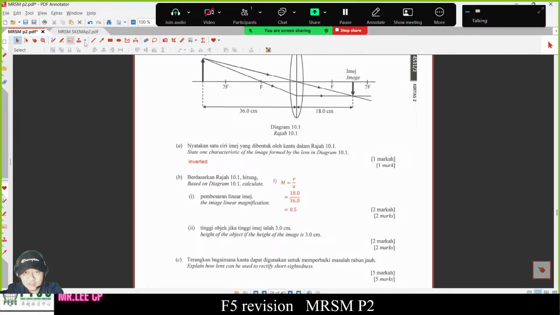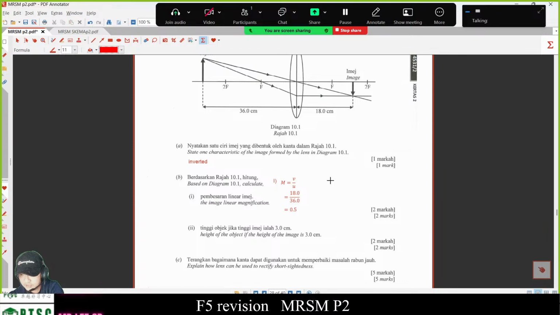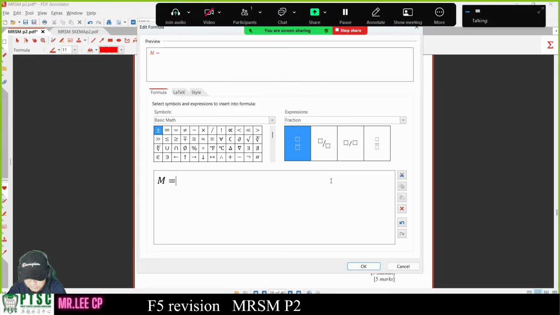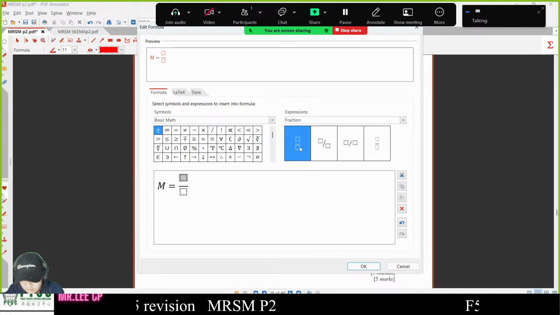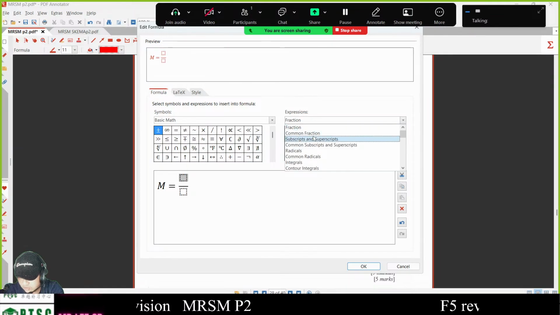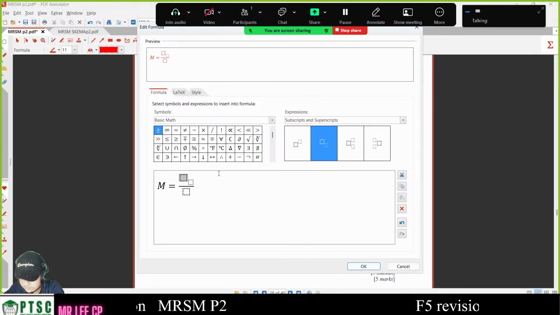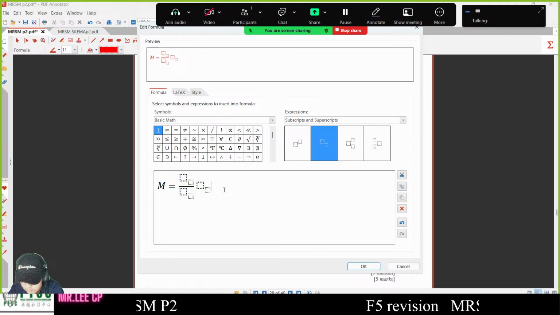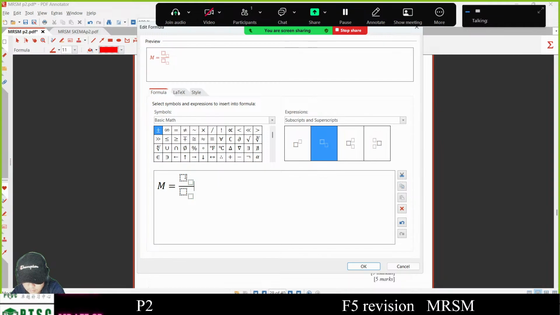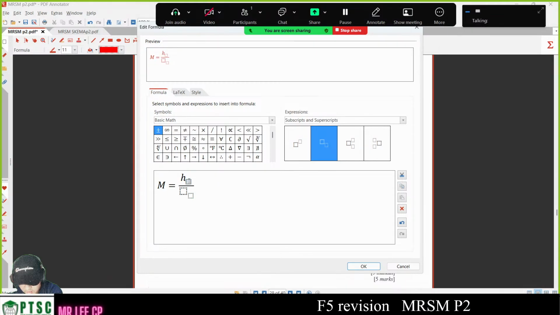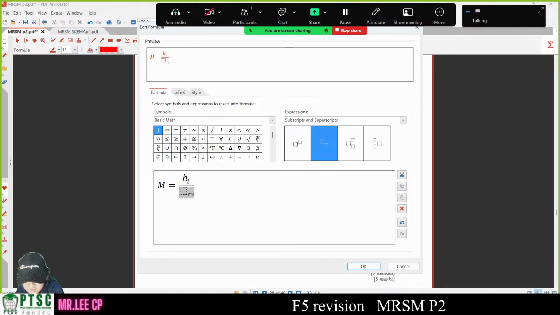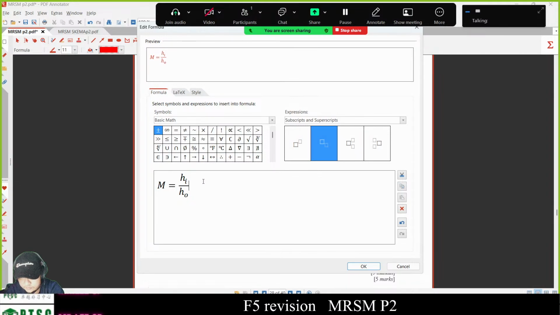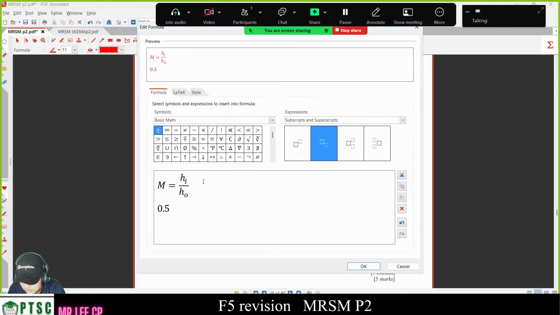Number 2, height of the image. So magnification is equal to height of the image divided by height of the object. Magnification, you know it is 0.5, right?